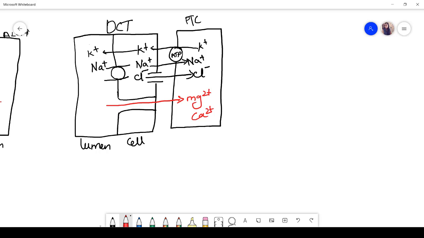Through a transporter, chloride will also go from the lumen to the cell, and from the cell to the peritubular capillaries. And there will be transport of magnesium and calcium from cell to cell. So this is the distal convoluted tubule.